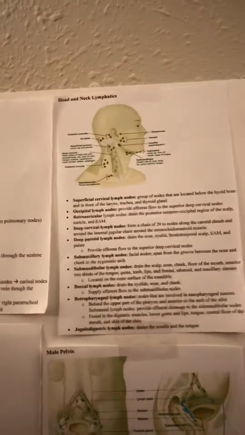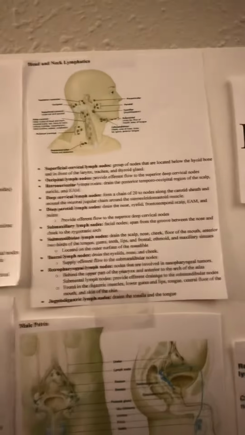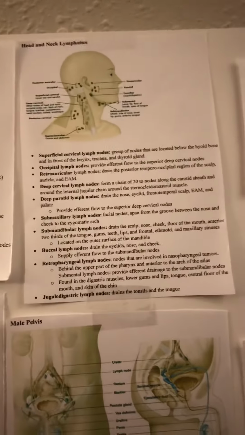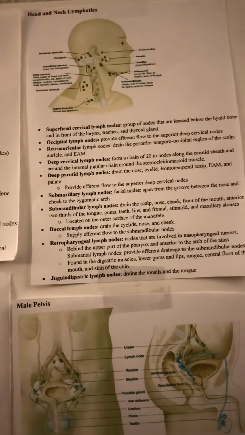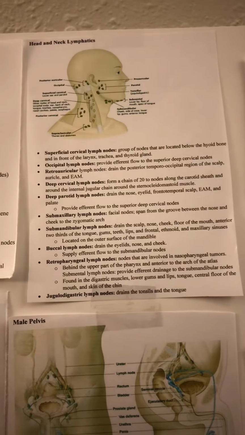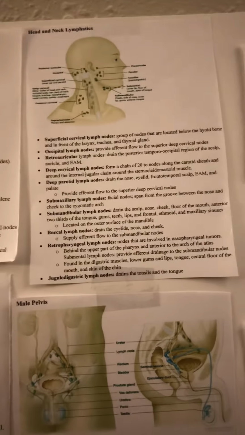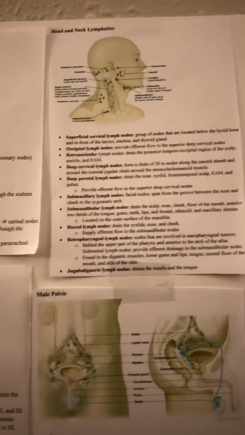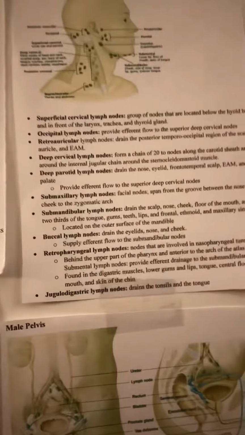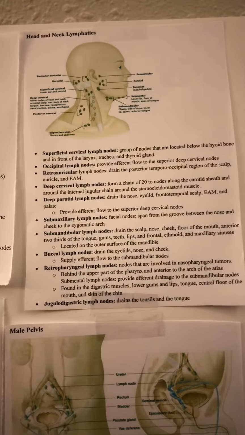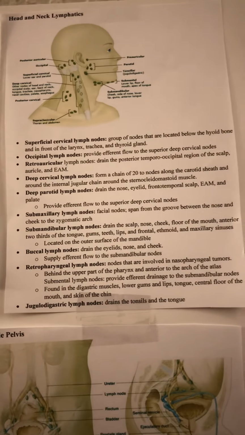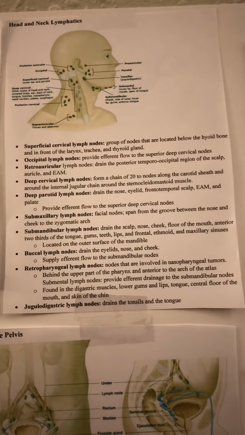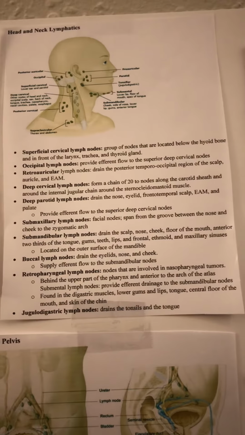Okay, so going to the head and neck, there are a lot of lymph nodes here. I think I read somewhere that the head and neck region has almost a third of the lymph nodes in the body. And so I just highlighted a few here. So we have the superficial cervical lymph nodes, the occipital lymph nodes, and these provide afferent flow to the superior deep cervical nodes.